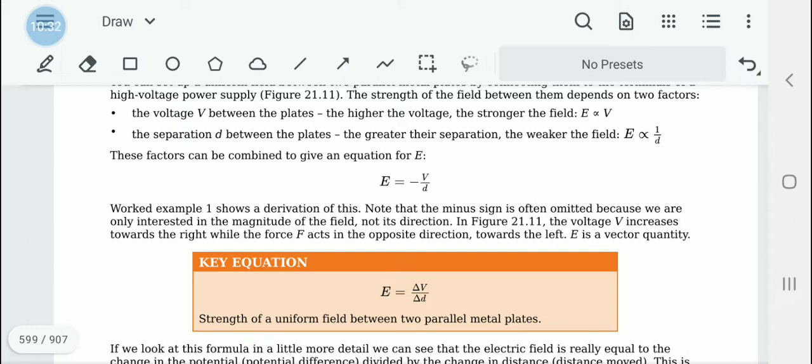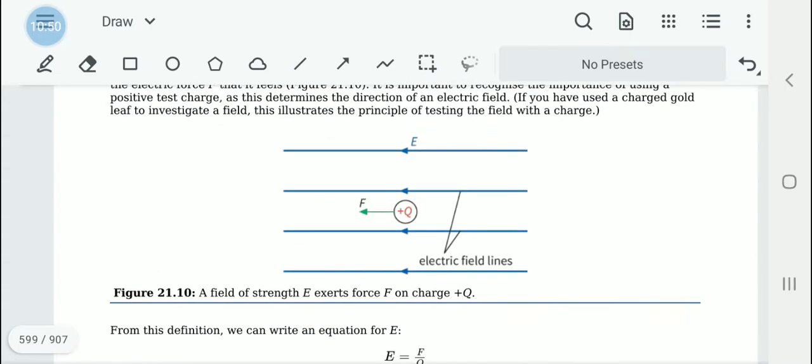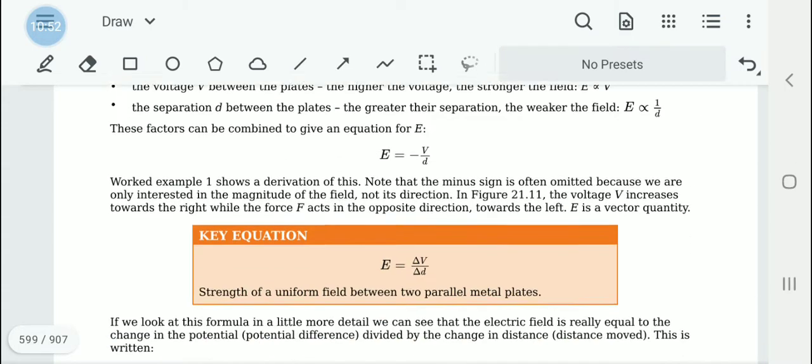Then we realize that E is a vector quantity, because when the voltage V increases towards the right, the force would act in the opposite direction towards the left. So that is also something that you need to remember here.